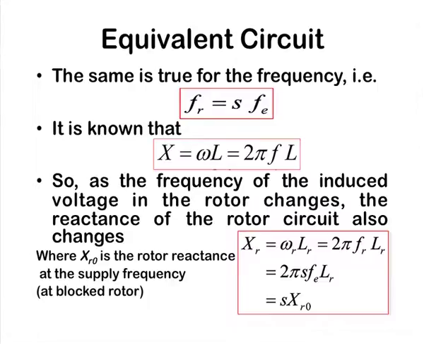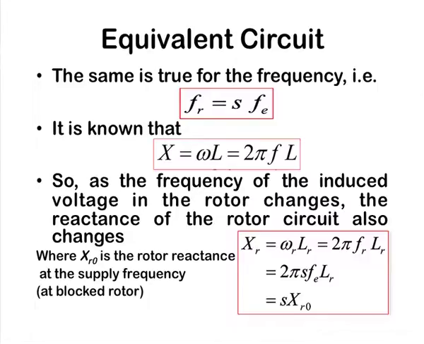How? We already know from the basic principle of circuit theory that the reactance is given by omega L, where omega is 2 pi f. 2 pi f means 2 multiplied by the constant pi multiplied by the frequency, multiplied by the inductance, will give you the total reactance.